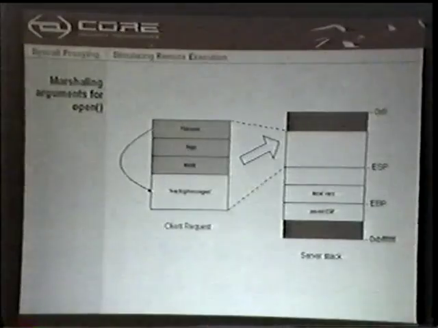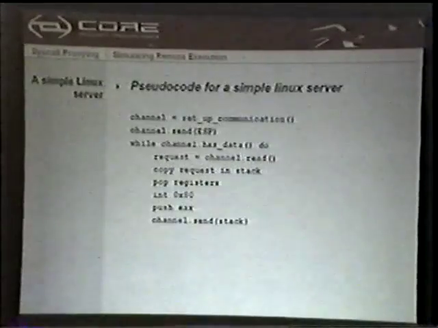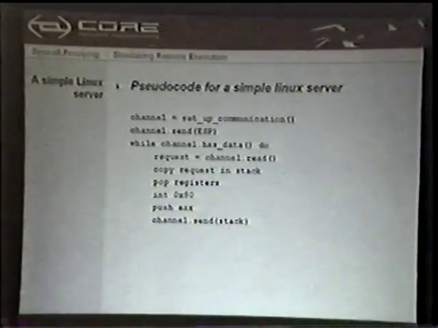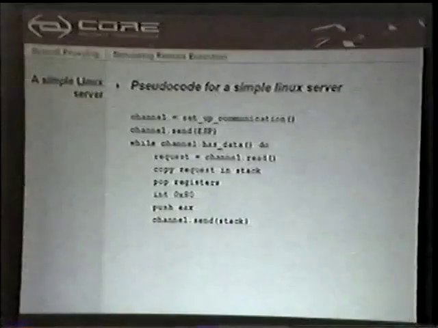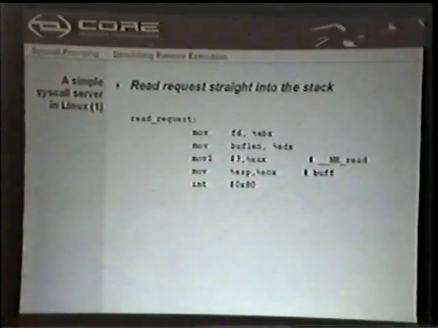When the server calls the read system call, it will copy the information into that buffer, and then our server will send that back to us so that we can use it. And that's why the whole request packet transforms itself into a response and is sent back to the client.